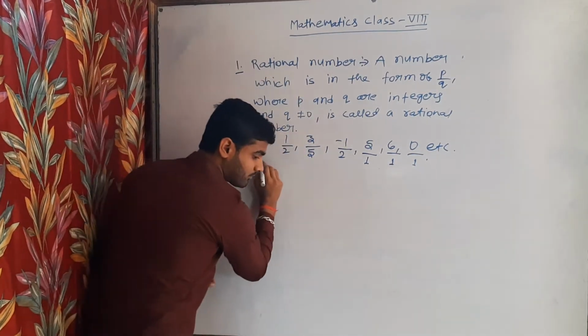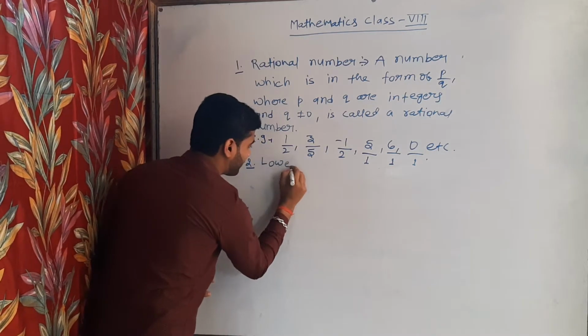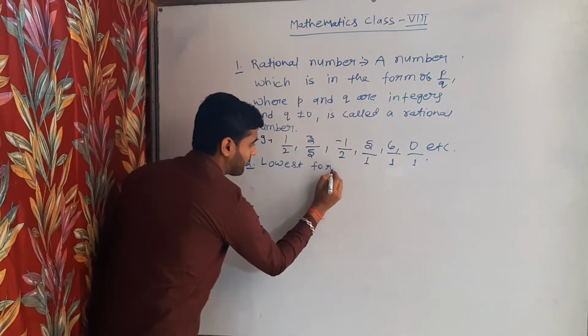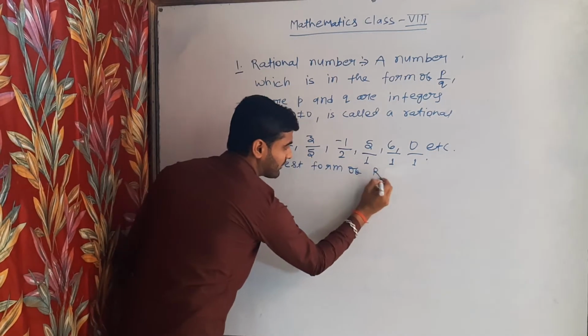Second, lowest form of a rational number.